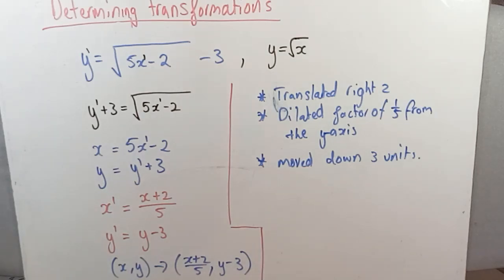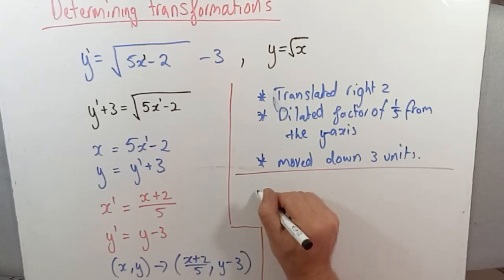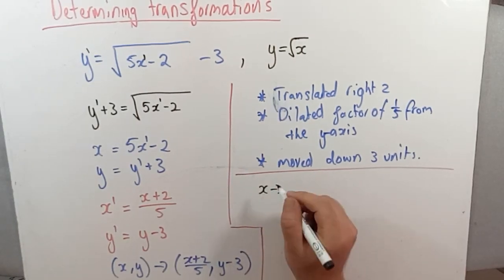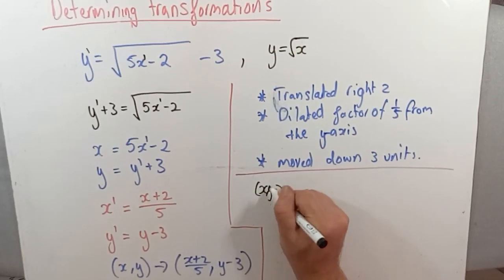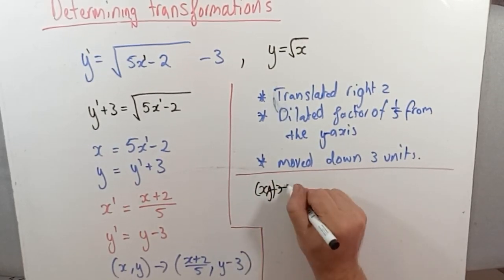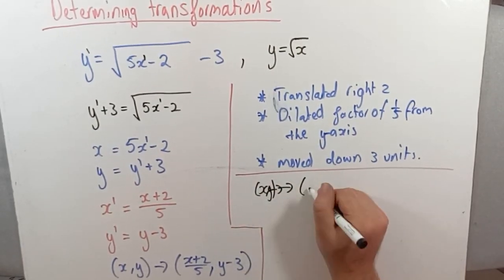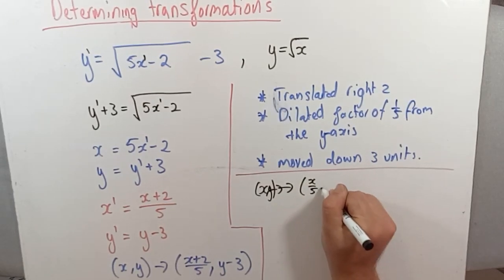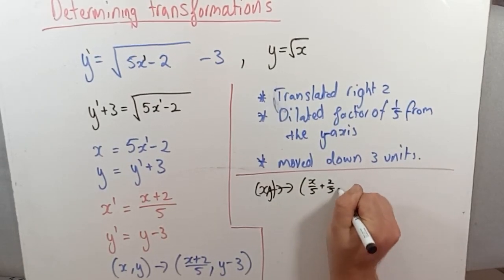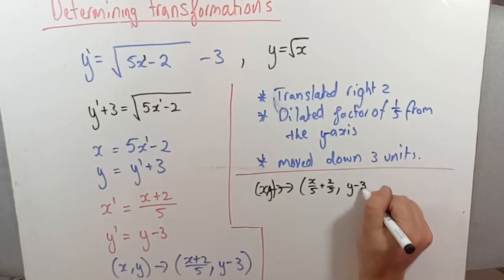Now, we could have written this in a different way and it'd be exactly the same thing. So I could have split this up into x, y mapped to x on 5 plus 2/5, comma, y minus 3.